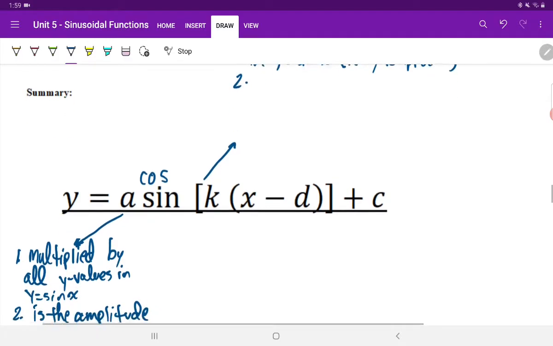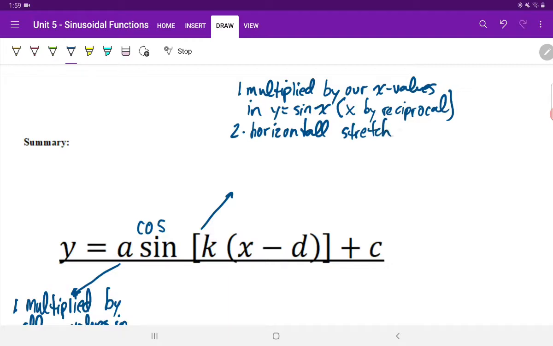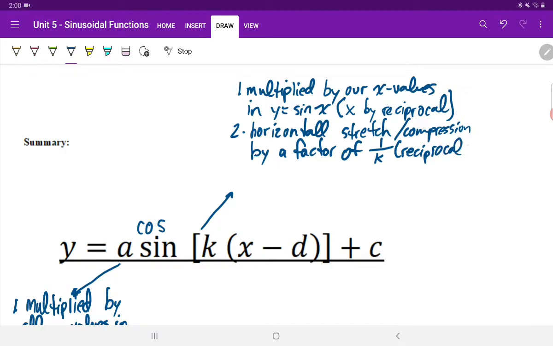Secondly, we call this the horizontal stretch or compression by a factor of, and again, the reciprocal. So instead of just k, it's 1 over k, so the reciprocal. All right, so same thing as above.